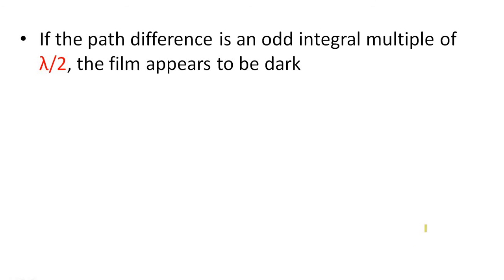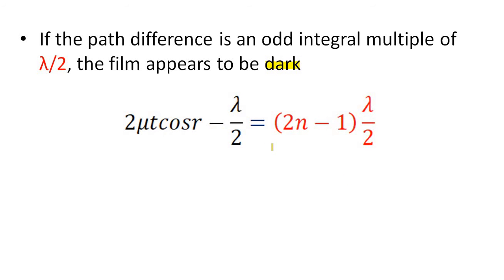If the path difference is an odd integral multiple of lambda by 2, the film appears to be dark. So as in the earlier equation, you can write the path difference equal to 2n minus 1 lambda by 2. When n equal to 1, 2 minus 1 is 1, that is equal to lambda by 2. When n equal to 2, 2 into 2 is 4 minus 1, that is 3 lambda by 2.